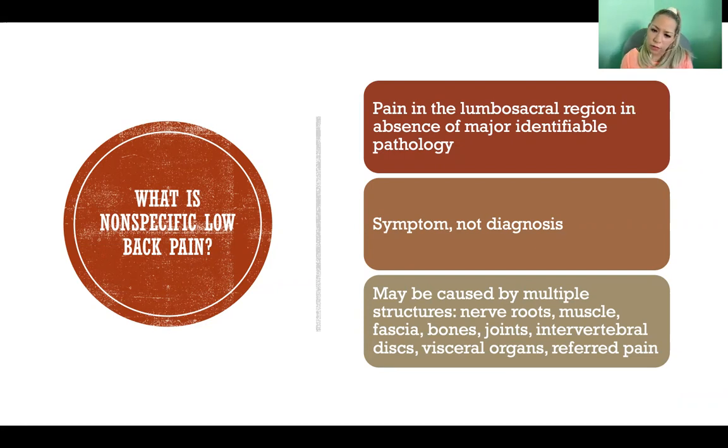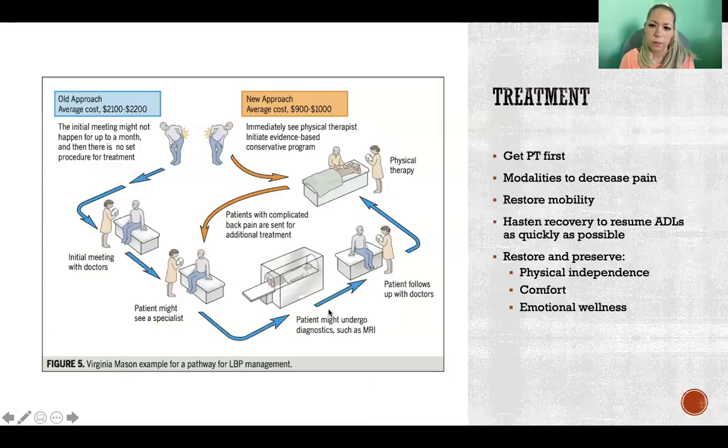All of these different anatomical structures can be part of the cause, or any combination could be causing the pain. But there's nothing that has been identified through diagnostics or examination that is clearly the cause of the pain.